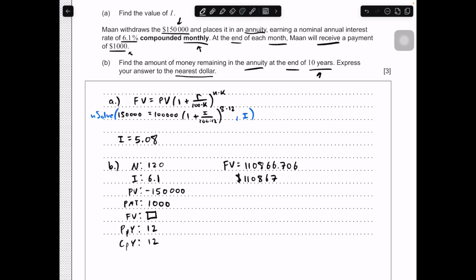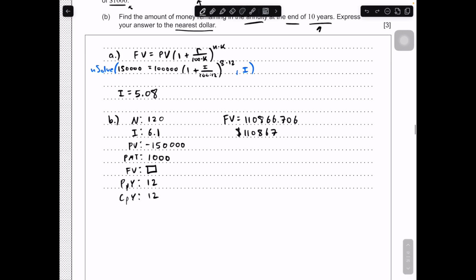So, okay, good. And I think we're okay. So nearest dollar we would round up. Even though at the end of 10 years, if she were to check her bank account, she would see that she has 70 cents or 71 cents, and to the nearest dollar we would round up.